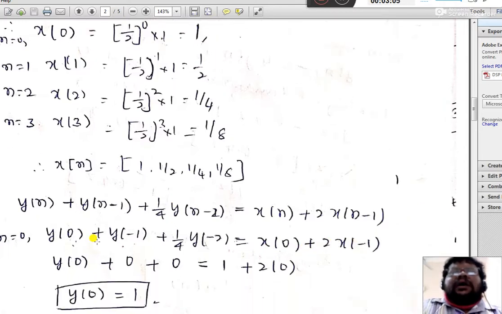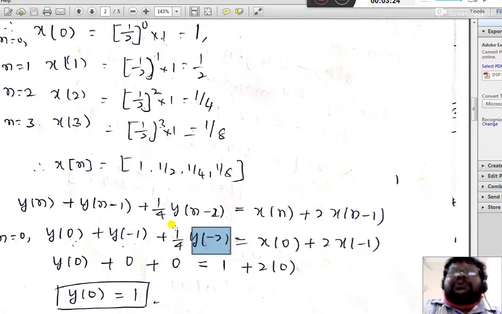See, y of minus 1 we do not know the value, y of minus 2 again we do not know the value. This concept is without any boundary conditions. Since we are concentrating on 0 and above, we take y of minus 1 as 0 and y of minus 2 also as 0.